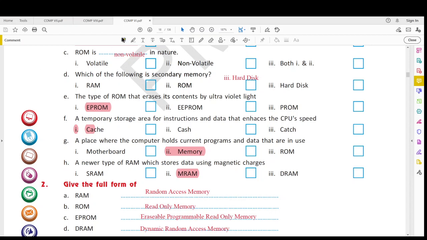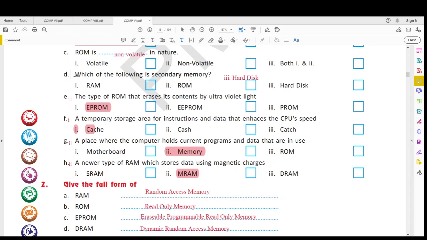So for H, it is number 2. For G, it is also number 2. For F, it is number 1. For E, it is EPROM, 1.